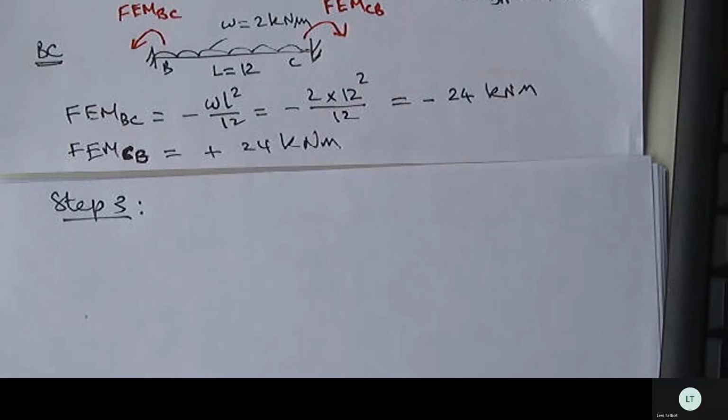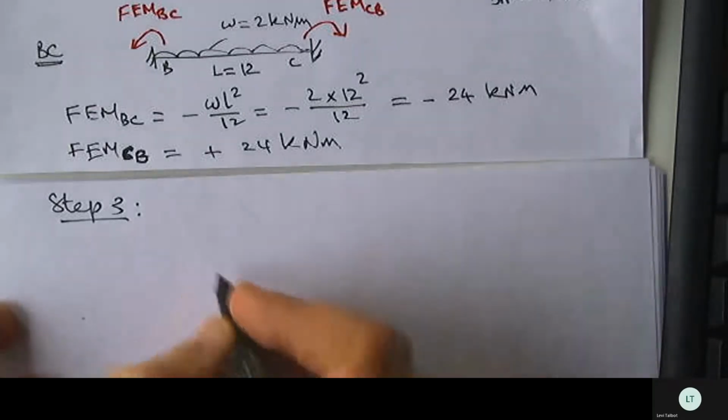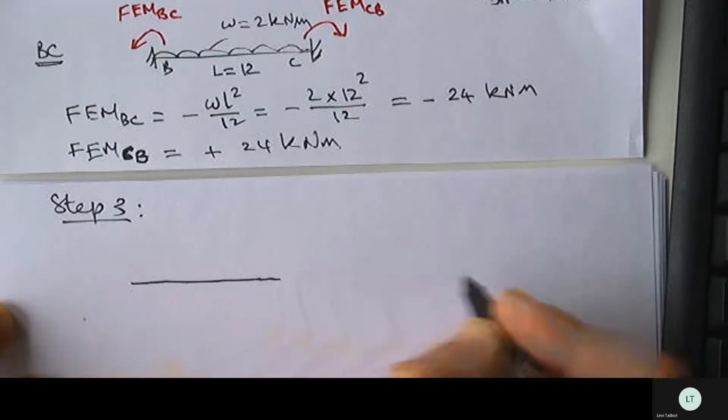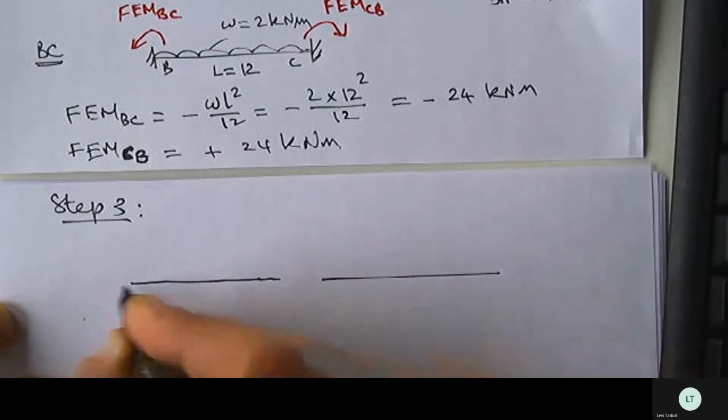We started with a continuous beam, and then we split it up into 2, A, B and B, C. Now we want to put it back. Let's see what's going to happen here. This is the beam A, B, and this is B, C.